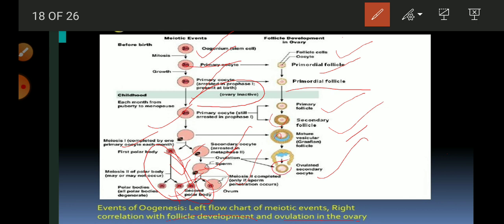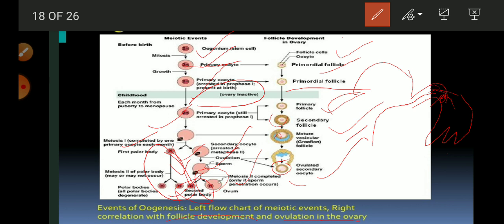Here the egg cell or oocyte is at first meiosis. When it travels through the fallopian tube and a sperm enters and fertilizes it, it quickly changes and passes through meiosis 2, and then the second polar body is released and thus the fertilized egg is formed.